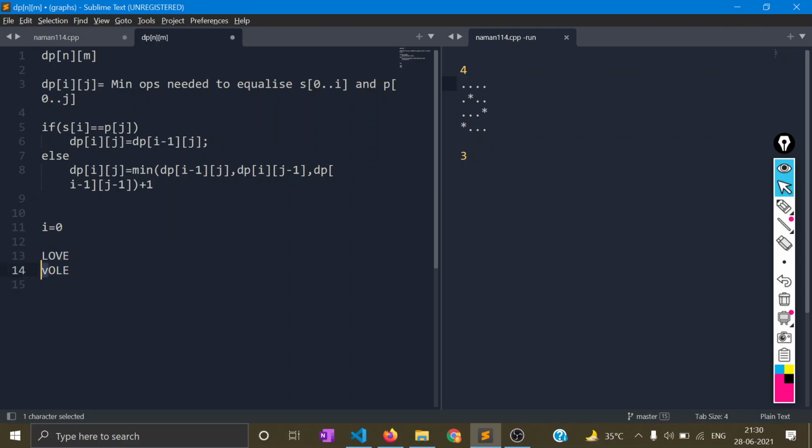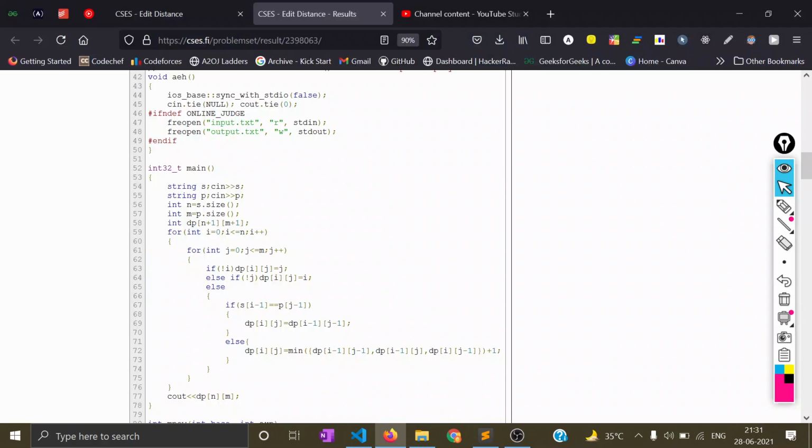To make both of these equal, we have to remove it, and this is the only option we have. So if we are considering these four characters, we have to remove four of them, which would require four operations. So removing j characters would require j operations.